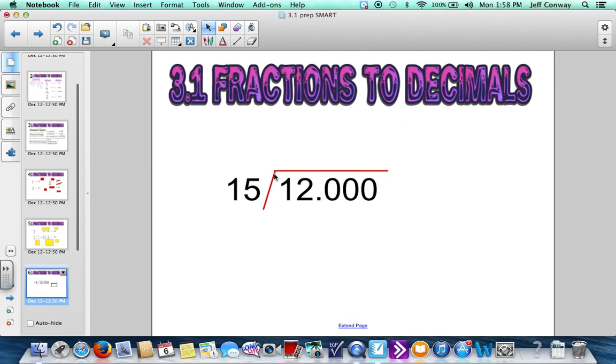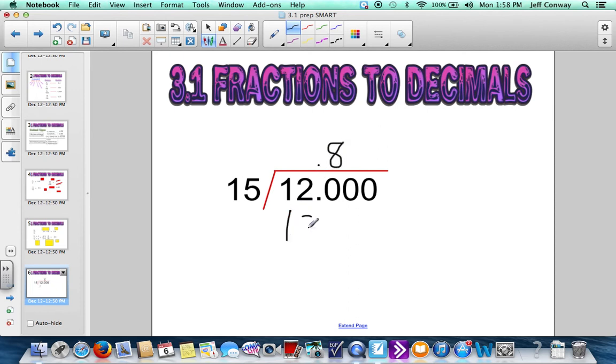Of course, I could have done it the other way and made it 12 decimal 0000 and put it in and said, okay, well 15 goes into 0, nope. 15 goes into 12, nope. 15 goes into 120, and 15 goes into 120 X amount of times. It goes in 8 times, and 8 times 15 is, in fact, 120.